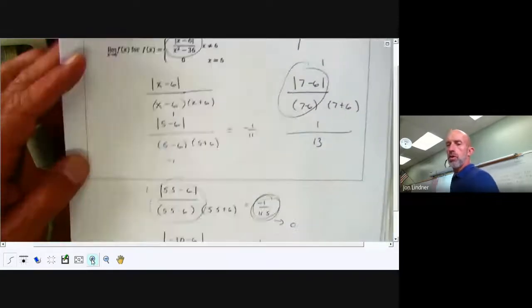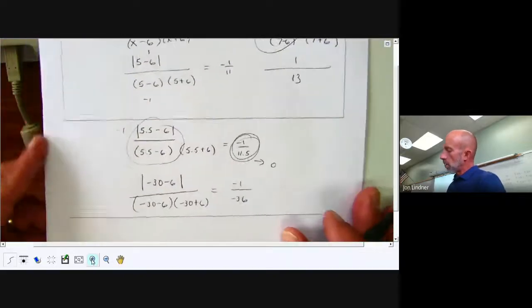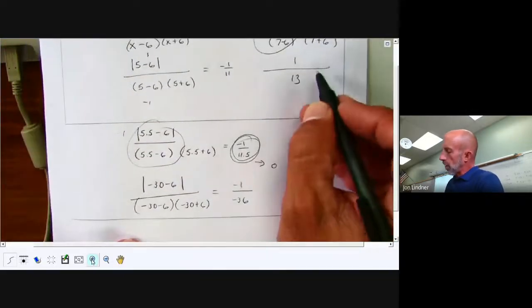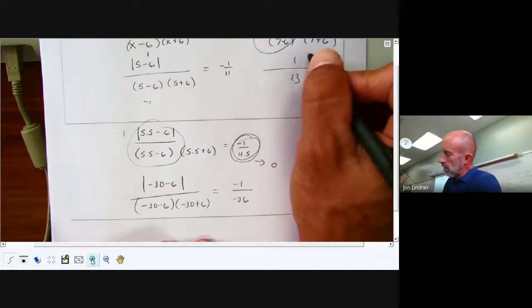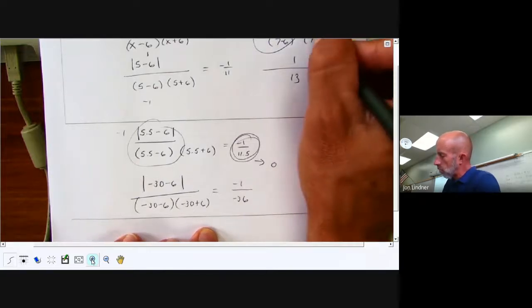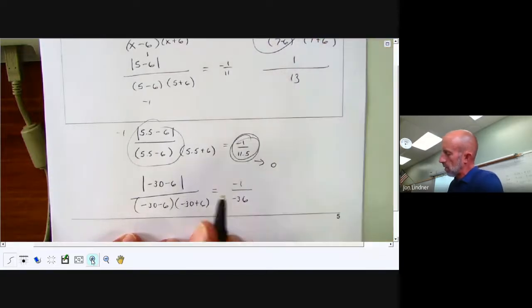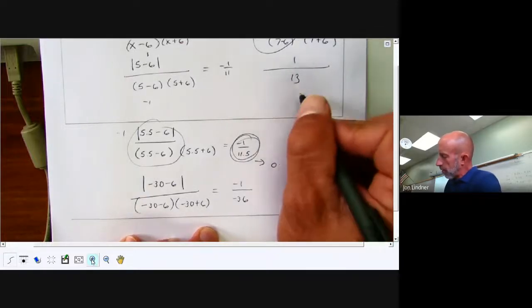All right, I'm going to have 1/13. And the closer I get, like if I were to do, what happens here? What if this would have been a 6.5 now? Well, now it's going to be 1/12.